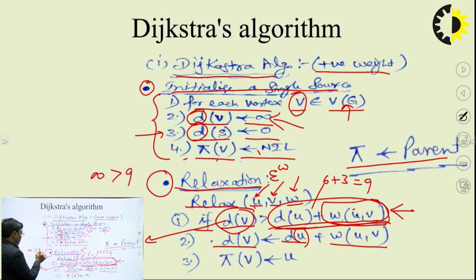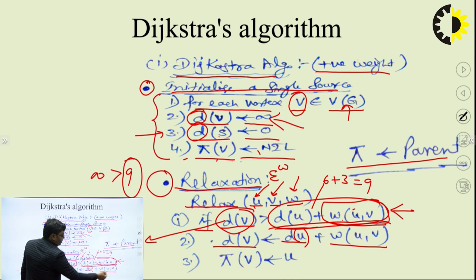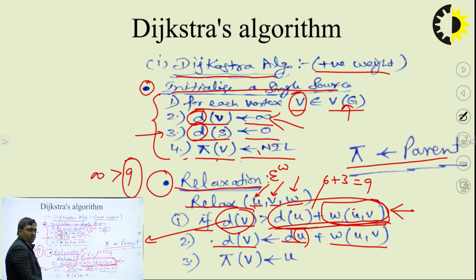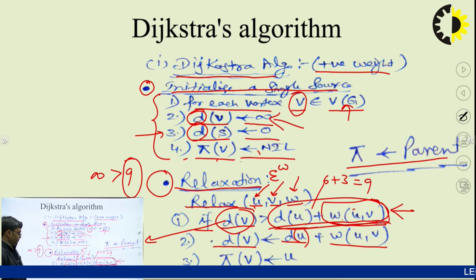Then we take this minimum value. That is what step 2 does: d of V is set to this whole thing, which is smaller than the original d of V initialized in step 1.